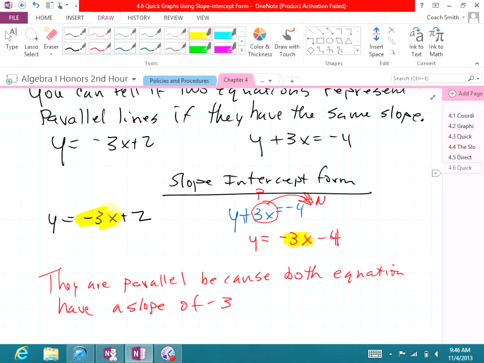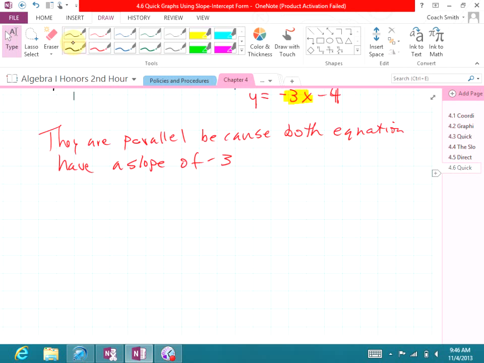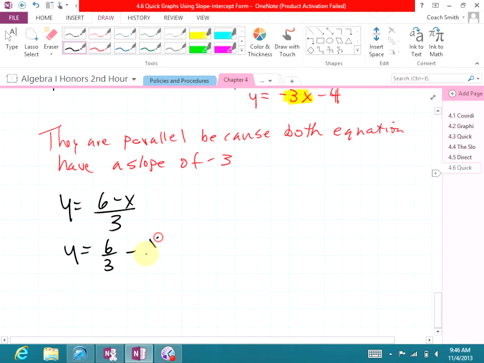I want to look at one that may be a little confusing to you. Number 20 says y equals 6 minus x over 3, and they want you to find the slope and the y-intercept. On that one, you just simply have to take y equals 6 over 3 minus x over 3.